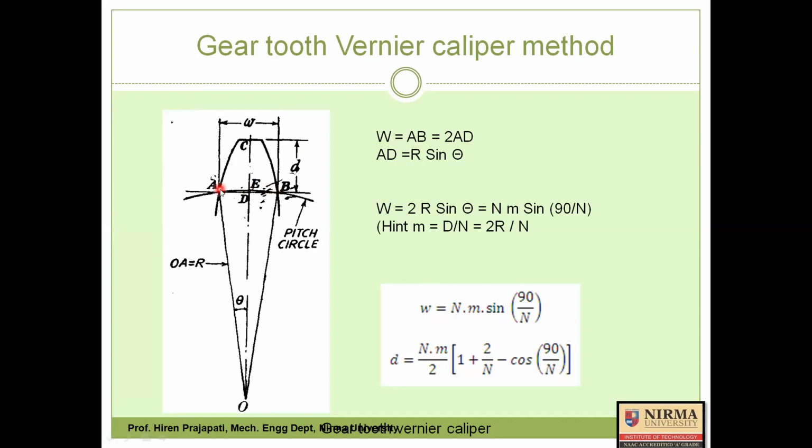So in this way, using the gear tooth vernier caliper, we can find out the error present in gear tooth thickness. It is an indirect method actually, because we are not directly measuring gear tooth thickness, but based on chordal gear tooth thickness, we are judging whether the actual gear tooth thickness is correct or not. Okay.